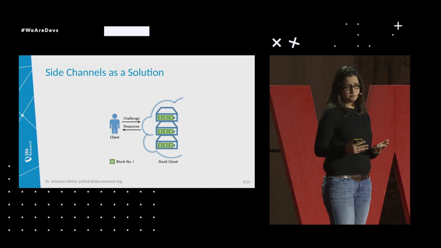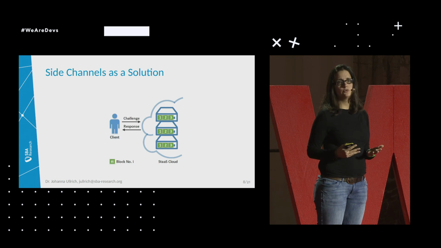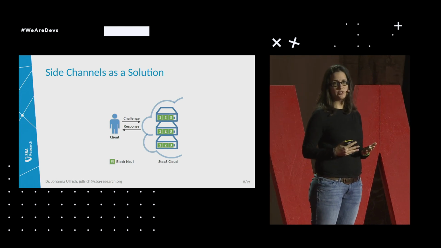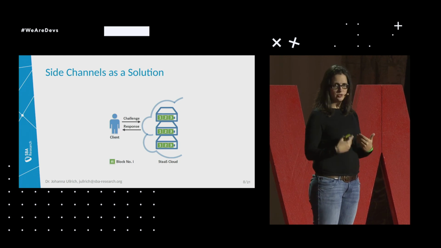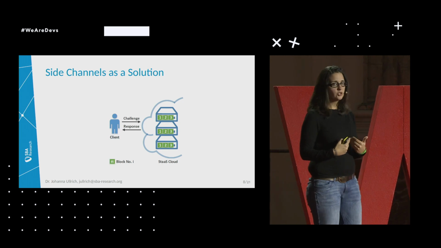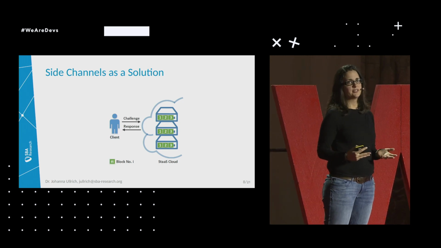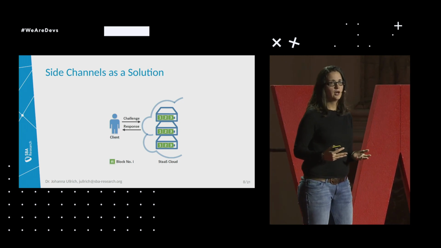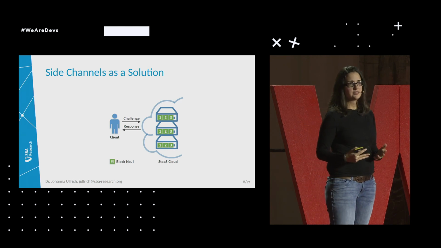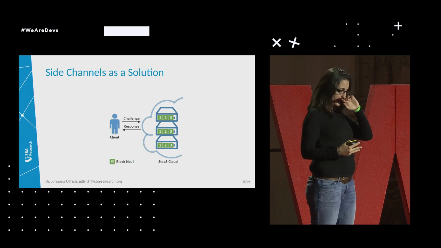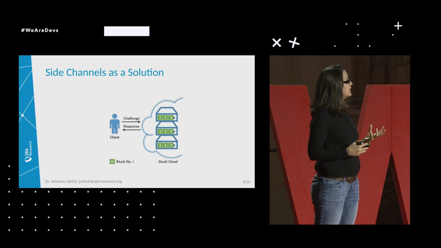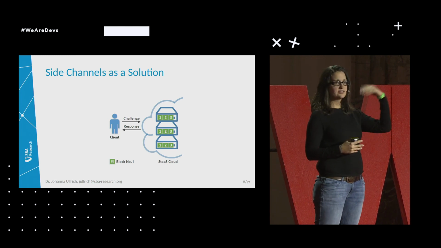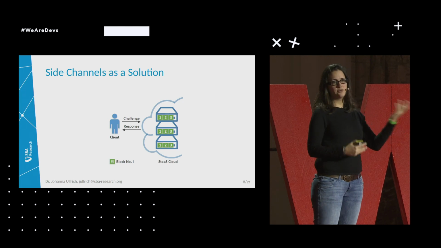So assume the cloud is promising you hardware redundancy when storing your files. And a lot of providers, especially if they are a lot larger than you as an ordinary customer, won't let you look into their facilities. So you have to gain this information somewhere else. And one idea is to use this kind of side channel where you send a challenge to the cloud and wait for the response.